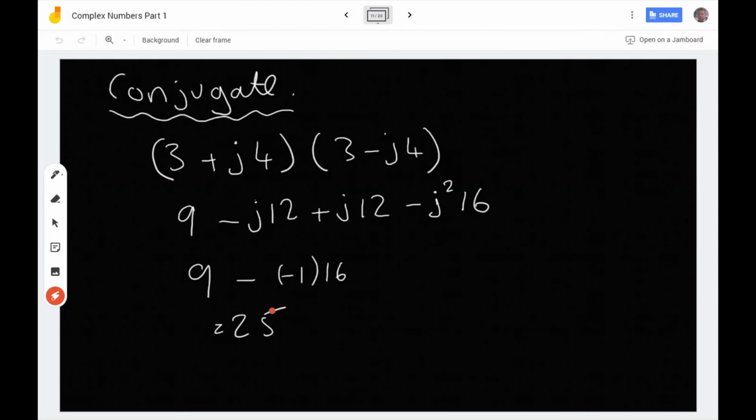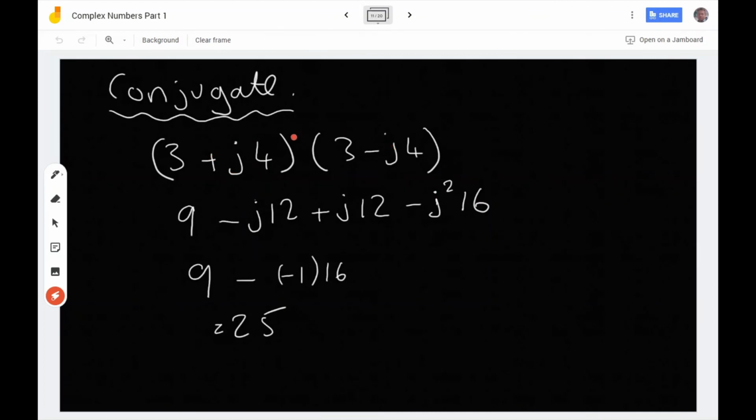So in this case here, we multiply out the brackets, and we end up with 9 minus j12 plus j12, because 3 times 3 is 9. 3 times minus j4 is minus j12. Minus j4 times 3 is plus j12, and then we end up with minus j squared 16, which is j times j is j squared, or minus j squared, because it's plus j times minus j.